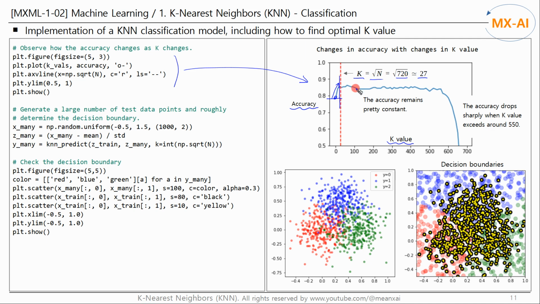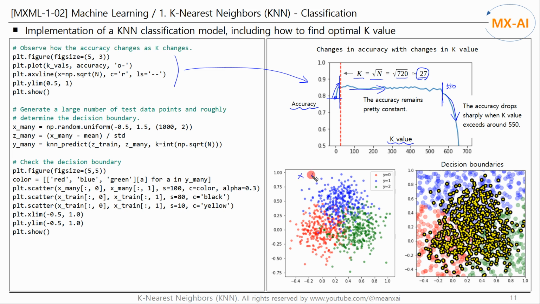From this point on, the accuracy remains pretty constant until k reaches about 550. From this point on, we can see that the accuracy drops sharply. In this case, the point where k is 27 can be considered as the optimal k. As the test data changes, the optimal k may also change.